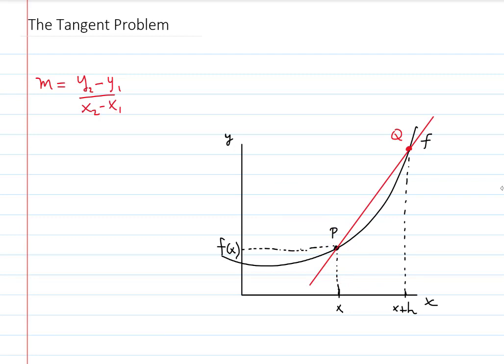The y coordinate here would be f of that input, which is x plus h. Let me move this somewhere else so it's not confusing. So we got our f of x plus h. Those are the coordinates of points P and Q.